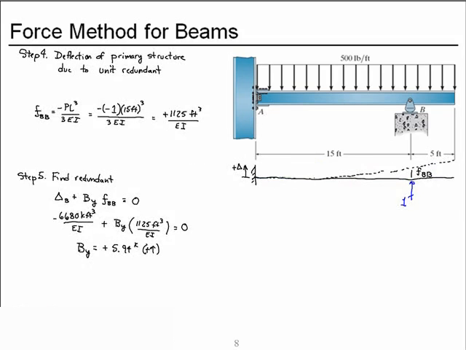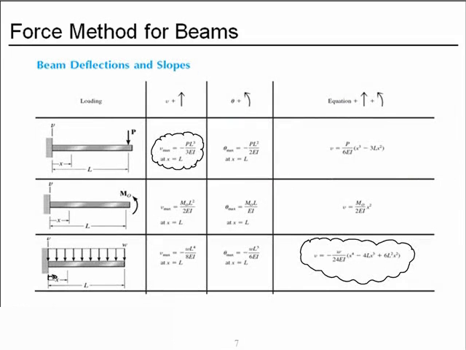We then removed the applied load and applied just a unit redundant at B. To find that deflection, we went back to the front cover of our textbook and noted that although there is no cantilever with a point load away from the end, if all we need is the deflection at the location of the point load, we could still use the formula provided, just with a modified length.